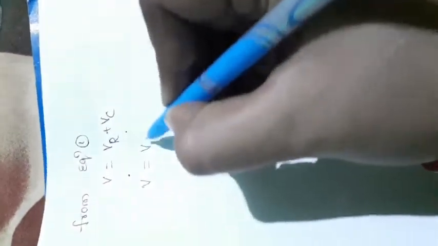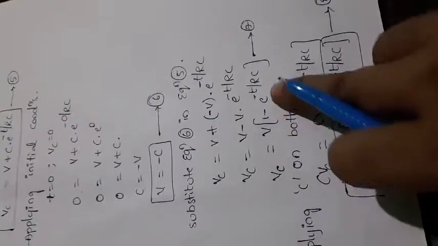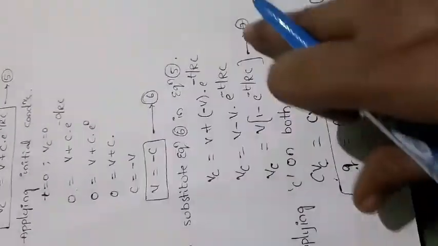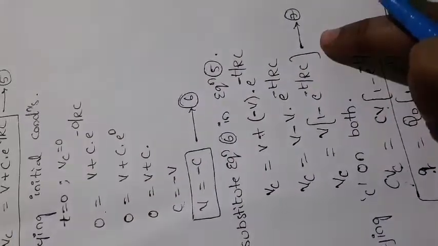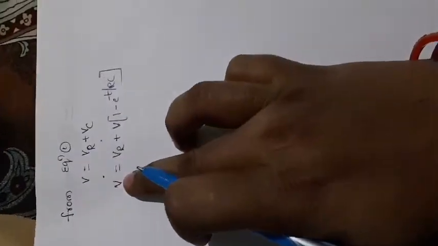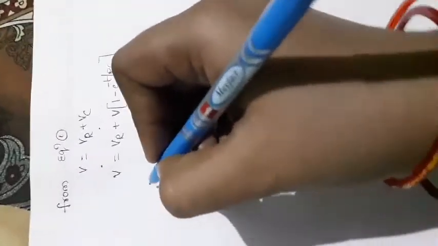V is equals to VR plus VC, and the VC value is nothing but V into 1 minus e power minus t by RC. You can substitute this value, that means equation 7, into this equation. So V into 1 minus e power minus t by RC. Just observe here, the VC value is V into 1 minus e power minus t by RC. Now this V and this value will be the same, that will consist of V only. So you can rewrite this value to the left side.